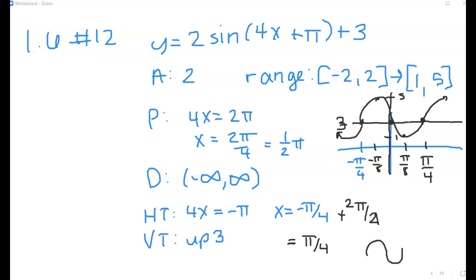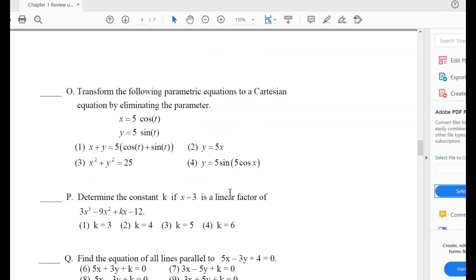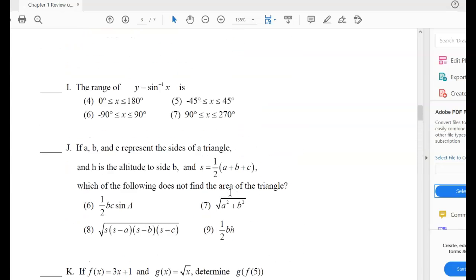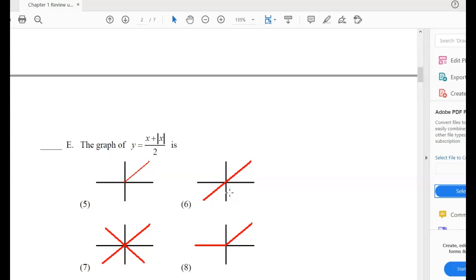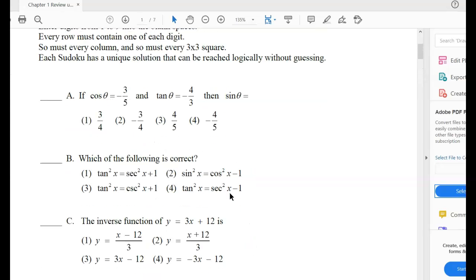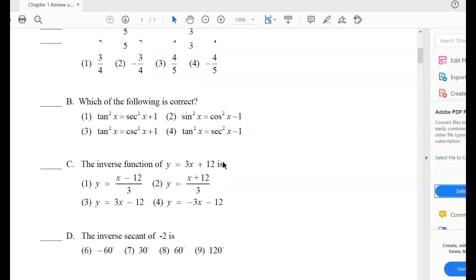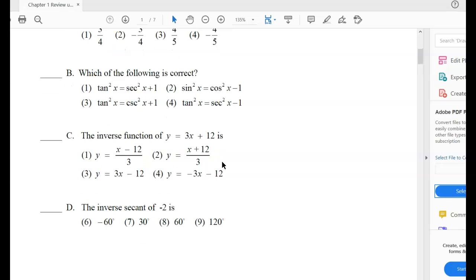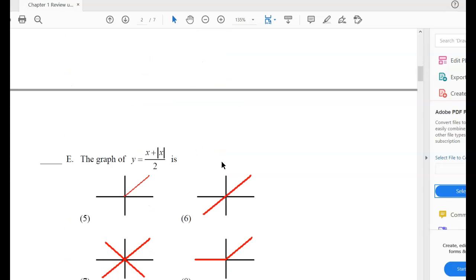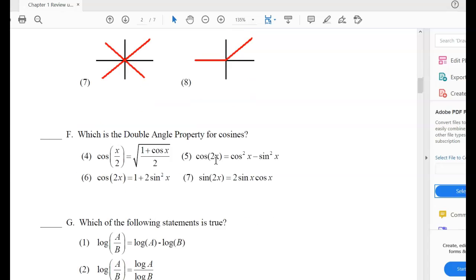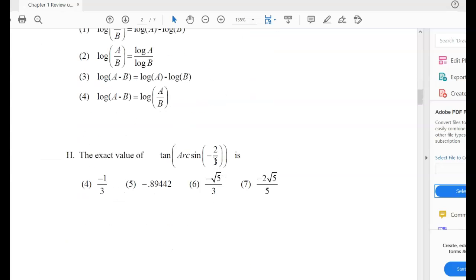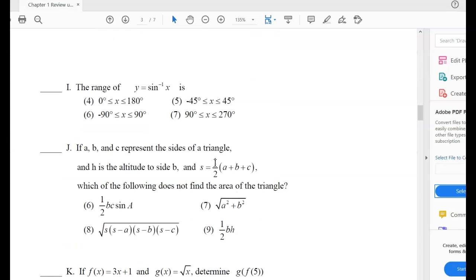In the Sudoku packet, there were a couple parametrics. So thinking about the packet for the Sudoku, you did not need to know how to do some of those problems. It was just kind of a review handout I had from before. I will send out those answers. So like A, B, C, D, those were all good problems. E, F, G, H, those are all good.